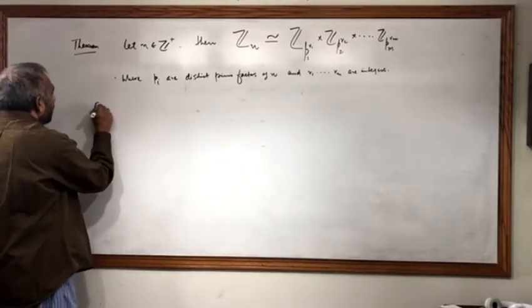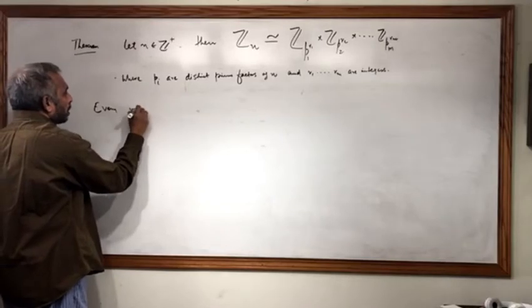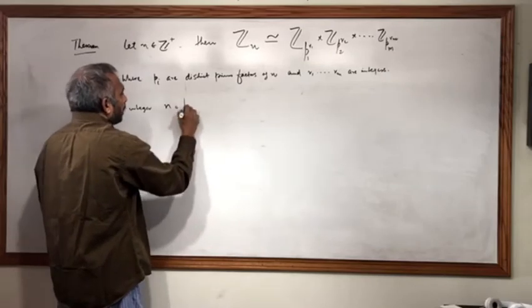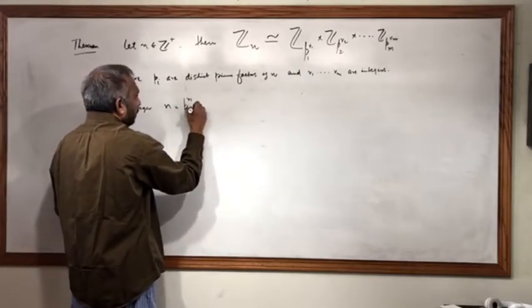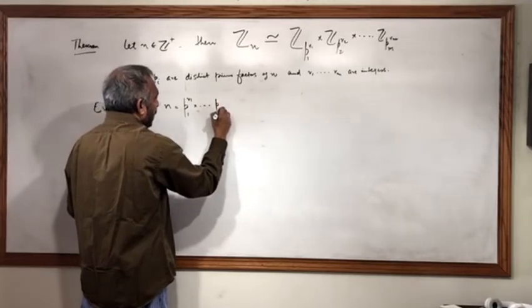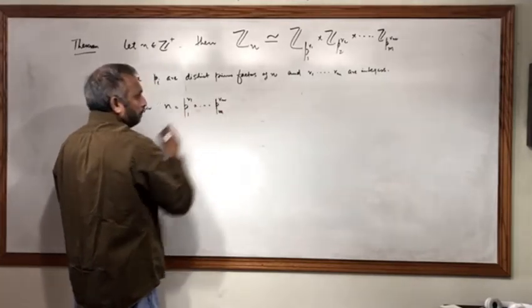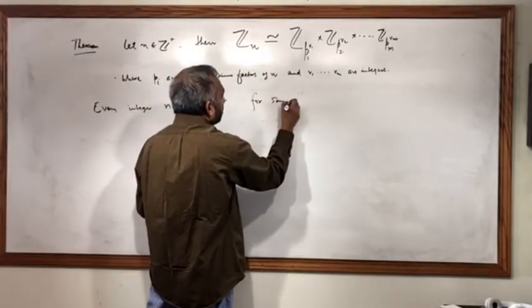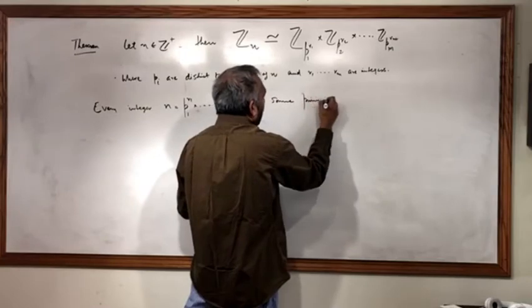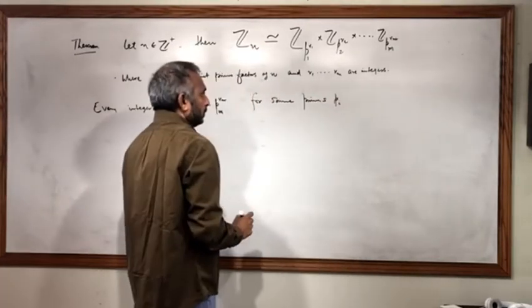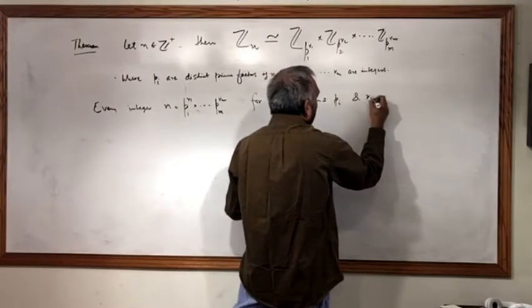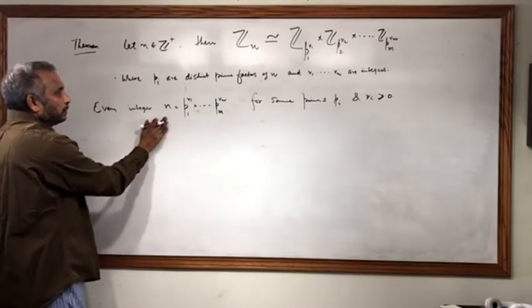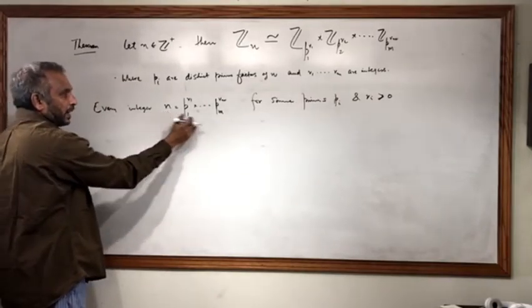See, every integer n can be written as p1^r1 dash pm^rm for some primes pi's and ri greater than 0. This is possible. If you take any integer, you can factorize this.